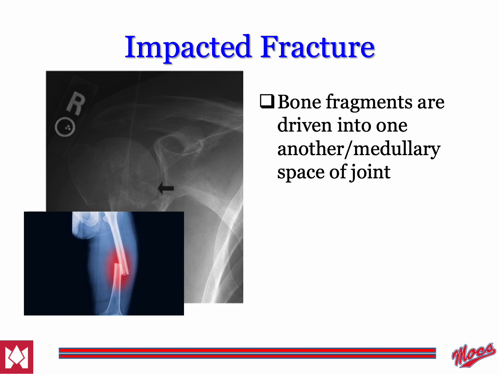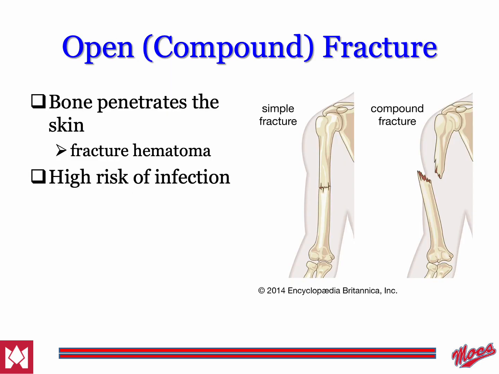So in this particular image, this is our shoulder. All right, the humerus has been driven into the medullary space of that glenohumeral joint, right? So in that way, the fracture itself strictly results from high impact, from that extreme compressive force between two pieces of bone or moving into that medullary cavity or joint space.